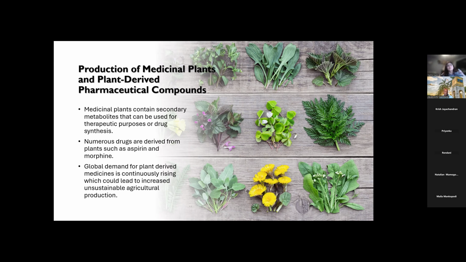And so the cultivation of various medicinal plants is actually already associated with really high agrochemical inputs, which could lead to environmental degradation, also decrease secondary metabolism yield, because when you are fertilizing with inorganic fertilizer or when you're over fertilizing, that actually decreases secondary metabolite production in many plants.